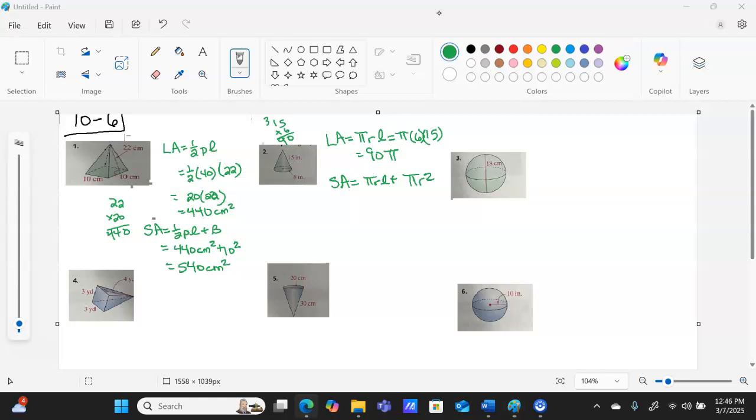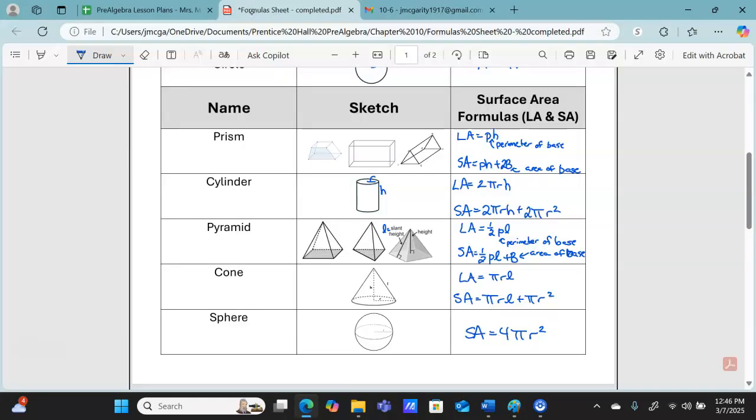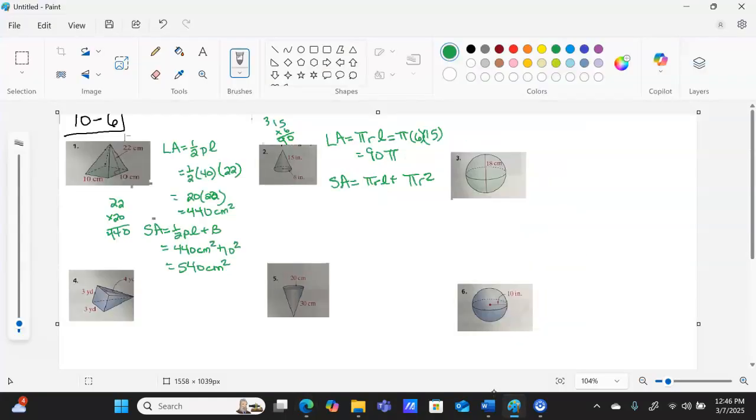Let's go back to that formulas page right here. Pi RL plus pi R squared. So we have 90 pi, and again, you can just go straight to this. That's fine. Plus pi times 6 squared. So that's 36 pi.